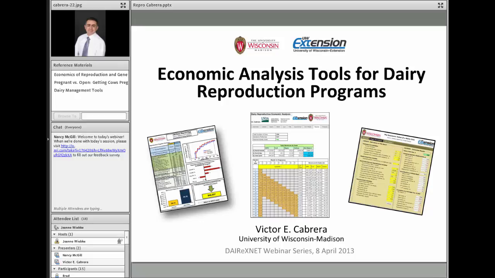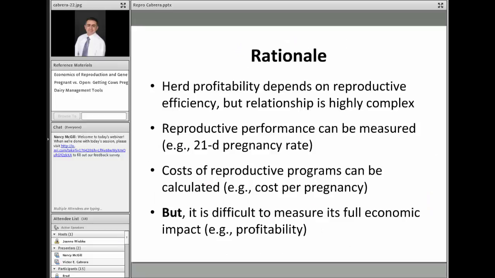Before giving you the specifics on each one of these tools, I would like to briefly talk to you about some of the rationale behind this. The first thing I would like to quickly mention is that the profitability of a herd will depend largely on the reproductive efficiency.